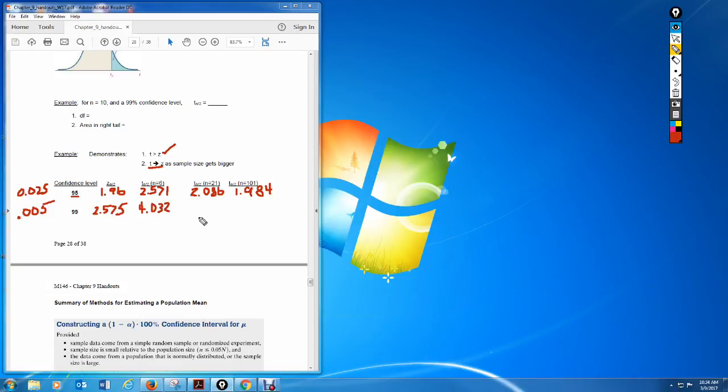For a sample size of 21, 2.845. And for a sample size of 101, 2.626. So again, you can see those numbers are approaching the z-value as the sample size gets larger.